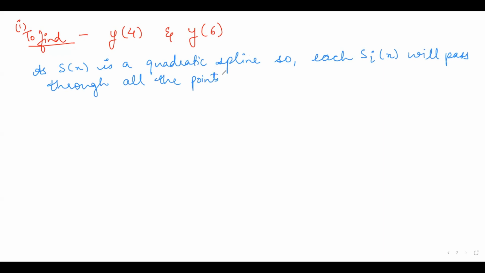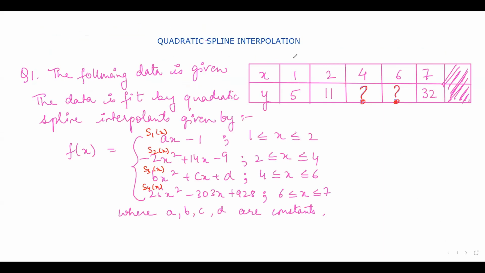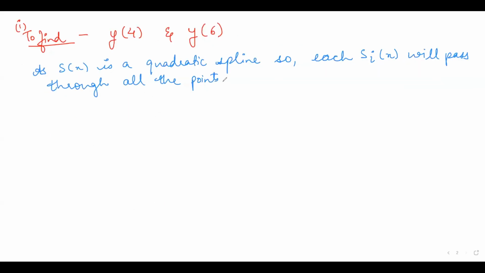The points here are x0, x1, x2, x3, x4 and y0, y1, y2, y3, and y4. So we have 5 points, and because there are 5 points, our n is coming out to be 4. Therefore, we have 4 spline functions. I hope this point is clear to you.